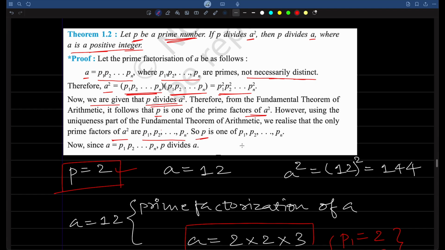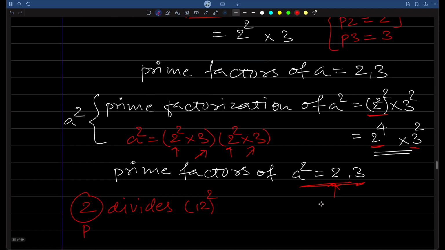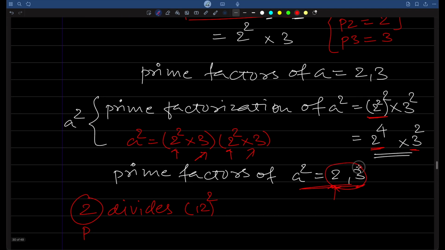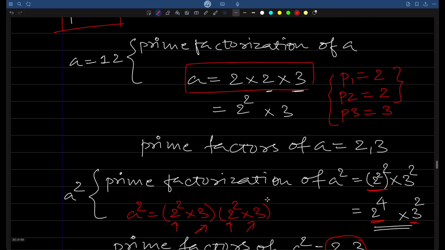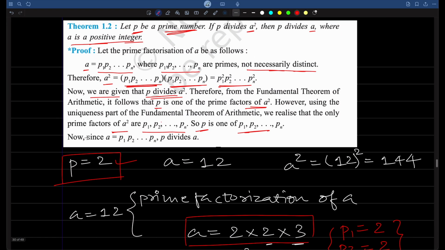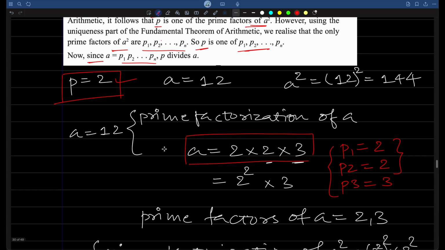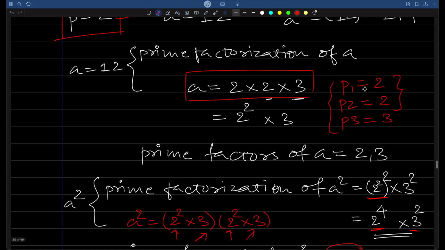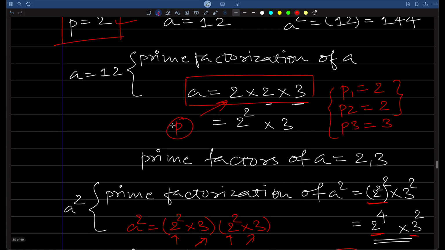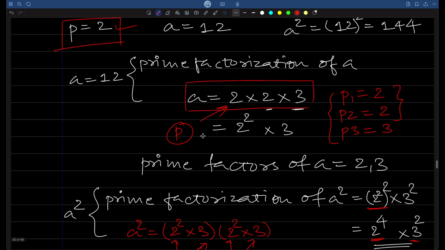And so p is one of the p1, p2 up to pn, that is p is one of the prime factors of a square. Since we have a equals p1 into p2, p is also the prime factor of a, and hence p divides a. P is a prime factor of a, hence we can write 2 also divides 12.